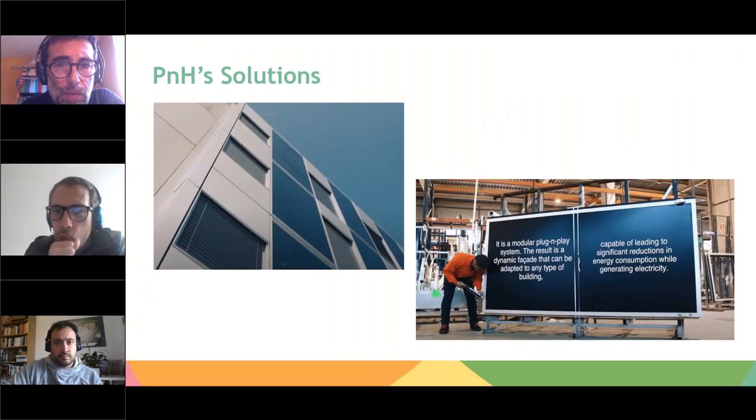That's it. We built it in the 40neo, the most beautiful pilot, in Lerida. We have also demonstrated this plug and play facade in Sant Quirze del Vallès, a city near Barcelona, that was public housing.